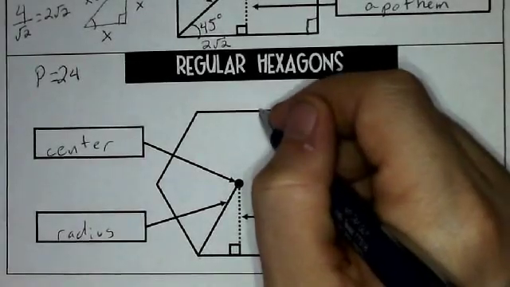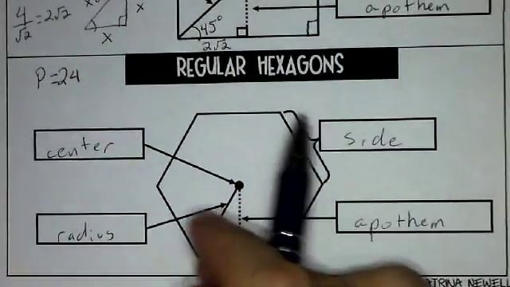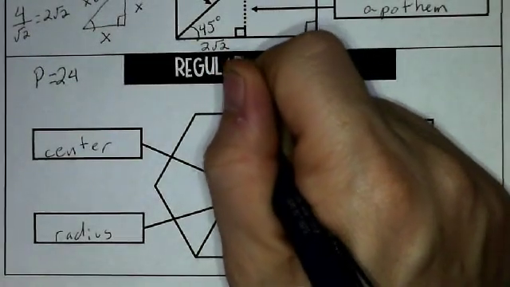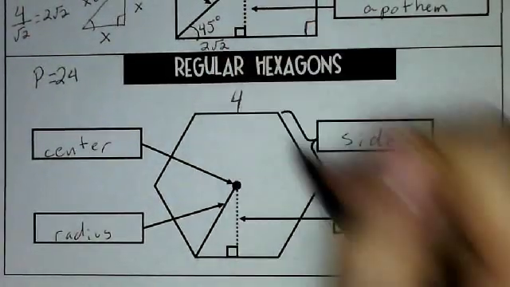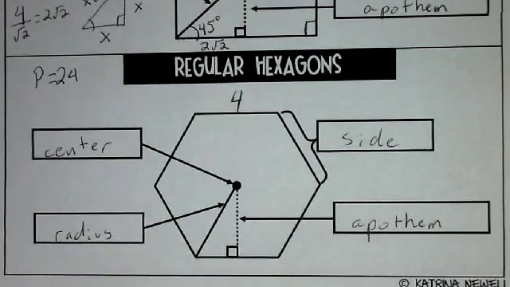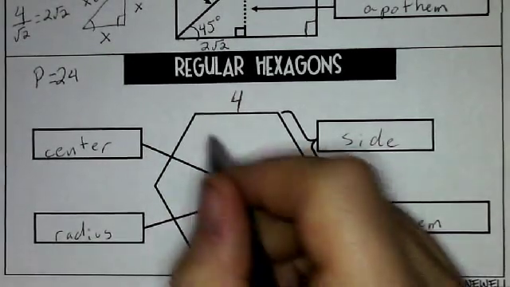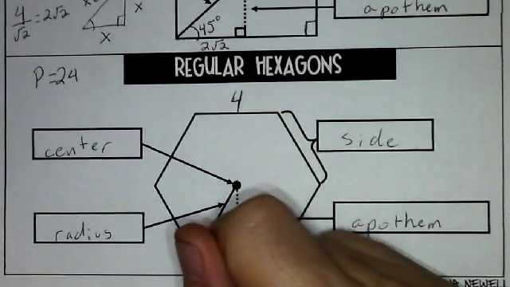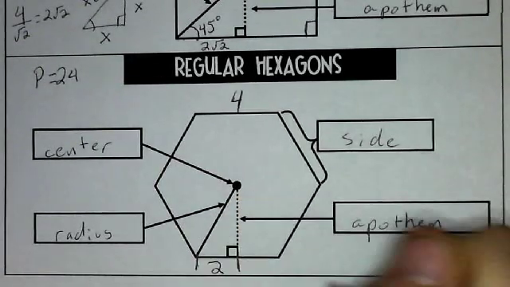To find our side length, I have 1, 2, 3, 4, 5, 6 sides. 24 divided by 6 gives me a side length of 4. Taking that side length to figure out what half of that is, that would just be 2.